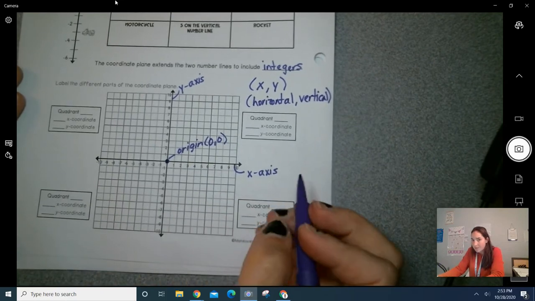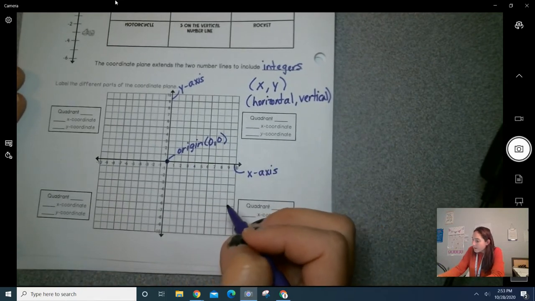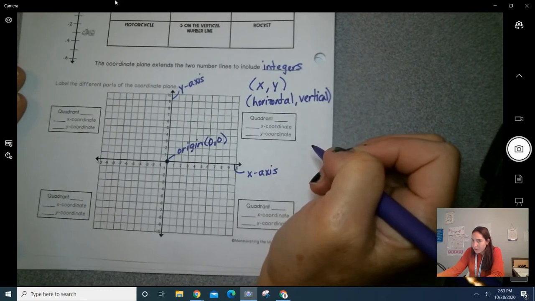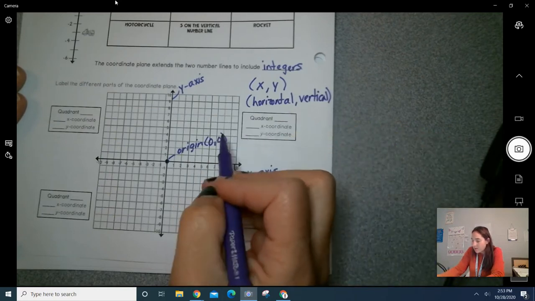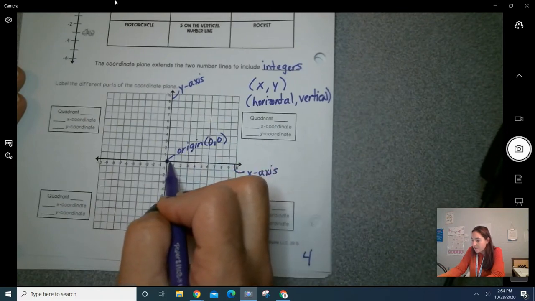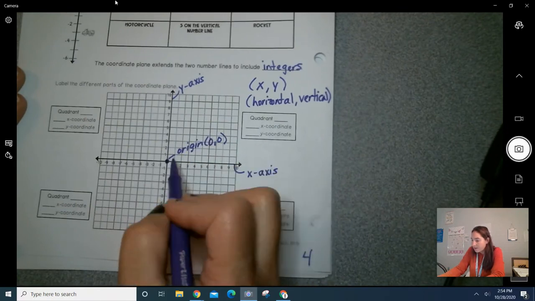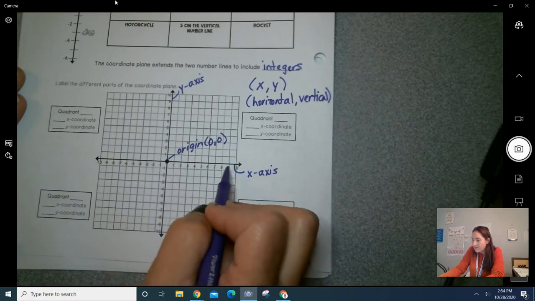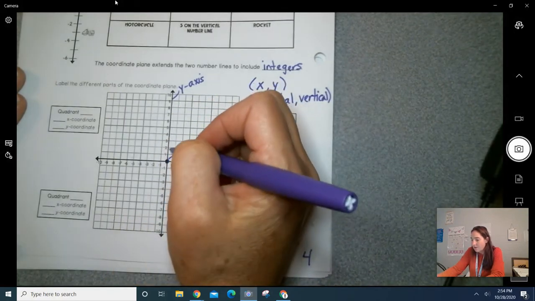So we need to label these quadrants. And we label quadrants with Roman numerals. The first quadrant is the one that's all positives. So you can see in this quadrant that's up here at the top right, we have all positive x's and all positive y's.